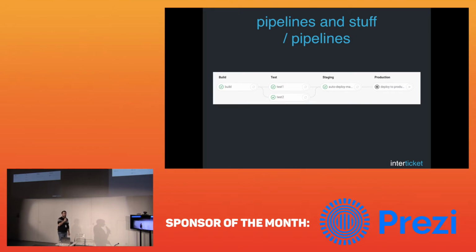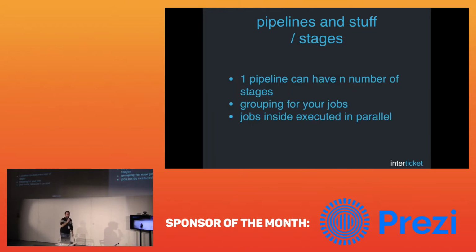So here you can see the UI of the pipelines screen inside GitLab. The columns are the stages, and the part where you can see the check mark is the job. One pipeline can have a number of stages, and it's just a grouping for your jobs.